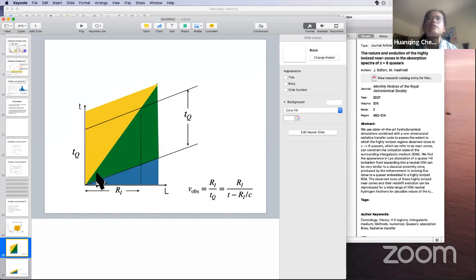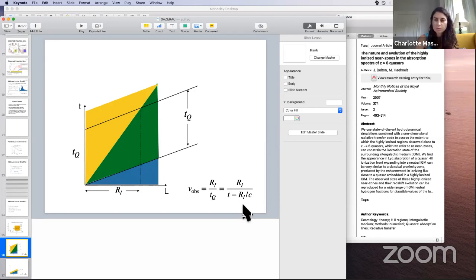So assume this is the light, this is the speed of light. Then what we see is the real time minus the retarded time. So in this calculation, this factor is canceled out. So we don't need to worry about the speed of light limitation.